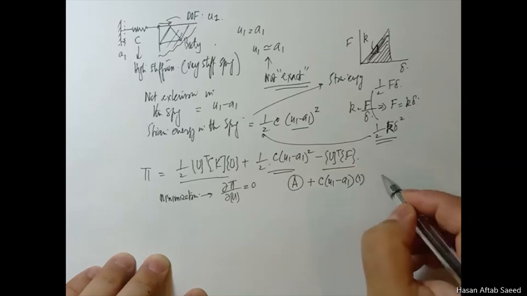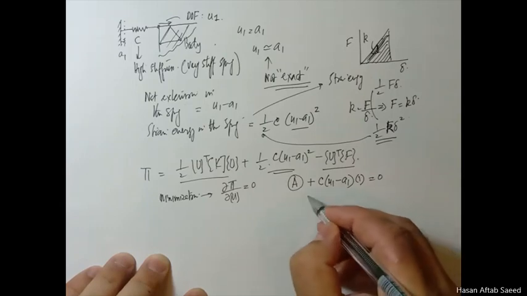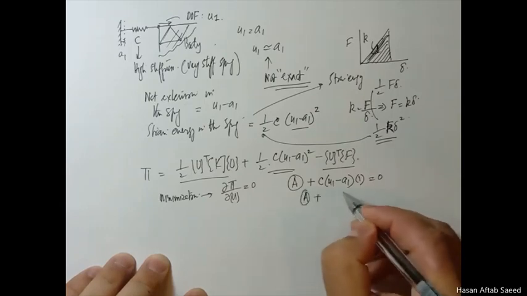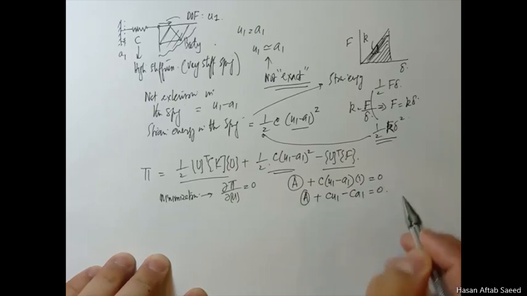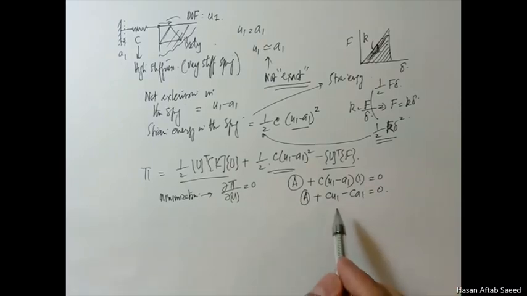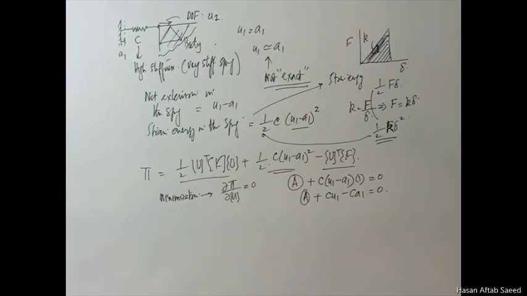So basically this is your expression, or in other words, A plus c u1 minus c a1 is equal to 0. This is your expression including the spring and the original system that was there.